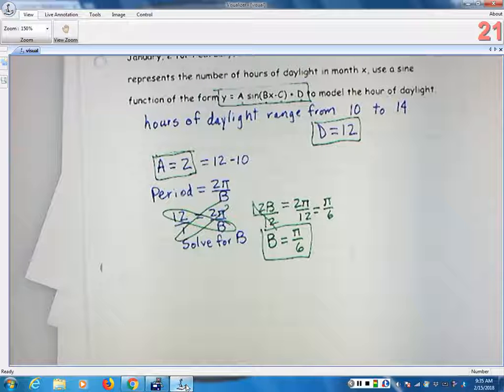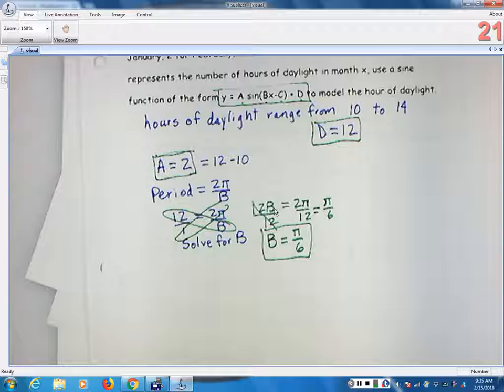Now all we need is C, right? If we get A, B, yes. How'd you get pi over 6? I took 2 divided by 2 is 1, and 12 divided by... Did you miss this step? Well, I got where you got 12b over 12, but where did 2 pi over 12 come from?